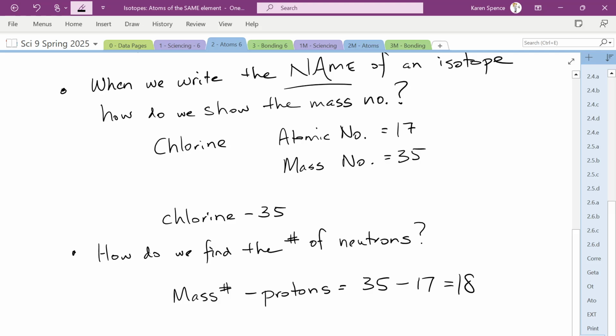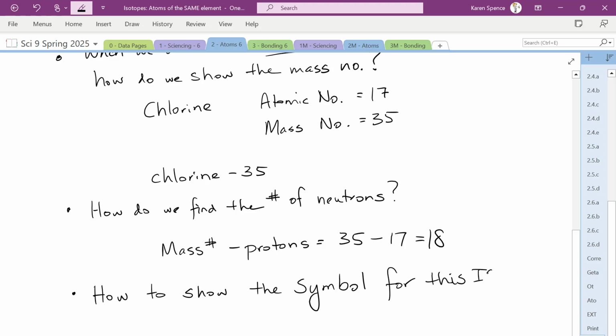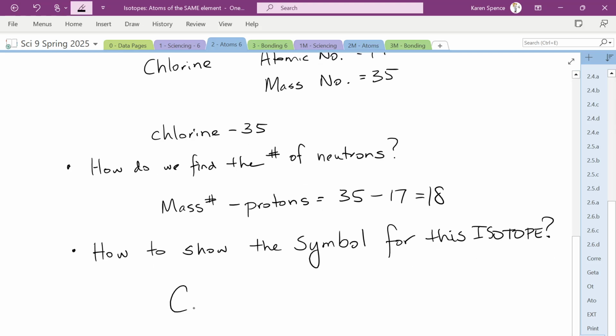All right. How would we show the symbol for this isotope? Yes. Okay, so it's actually Cl, but that's okay.